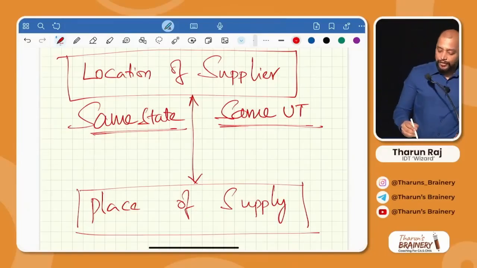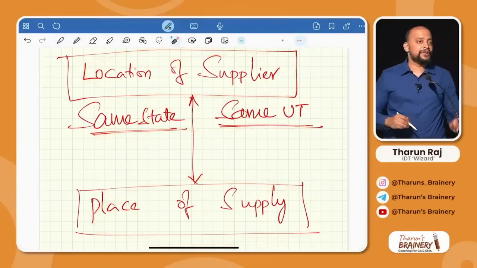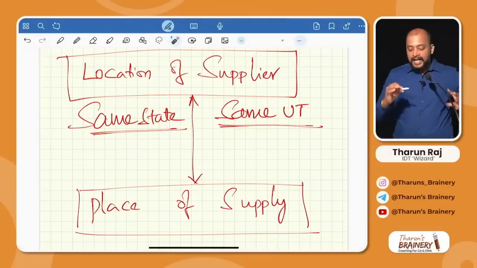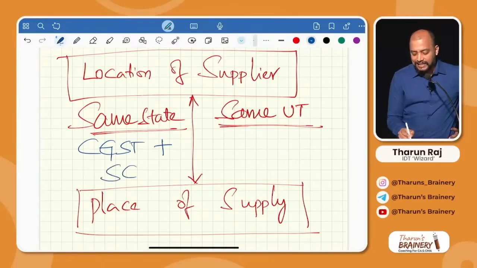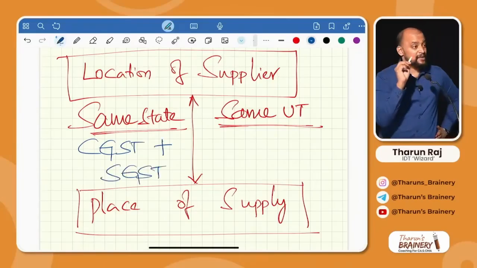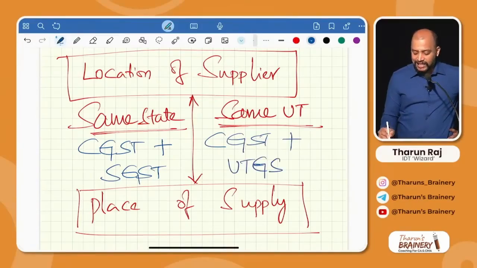Okay. So, if the location of supplier and place of supply is in the same state or same union territory, it is intrastate supply. If it is the same state, what is the GST that we have? We have CGST plus SGST if it is in the same state. If it is in the same union territory, CGST plus UTGST.